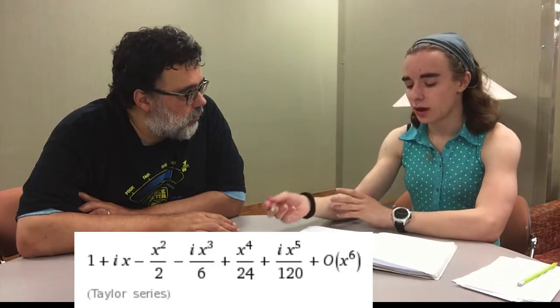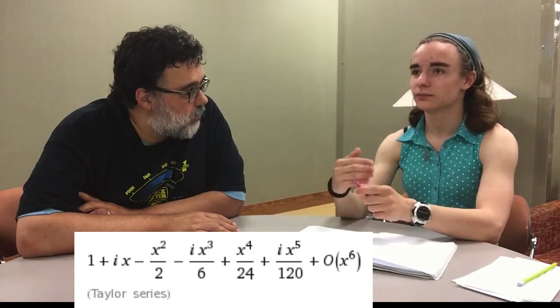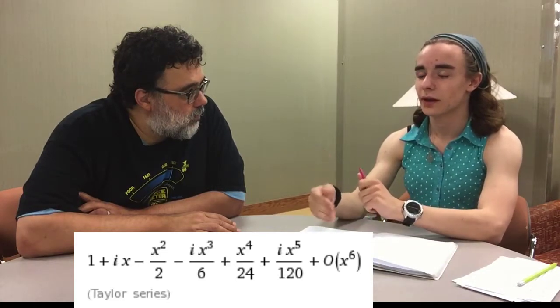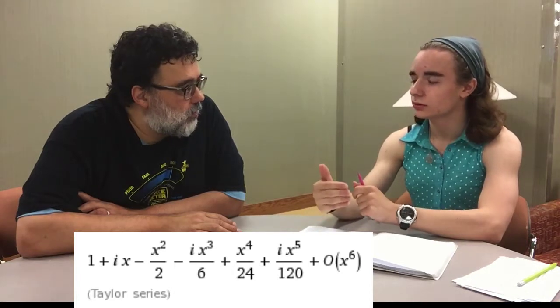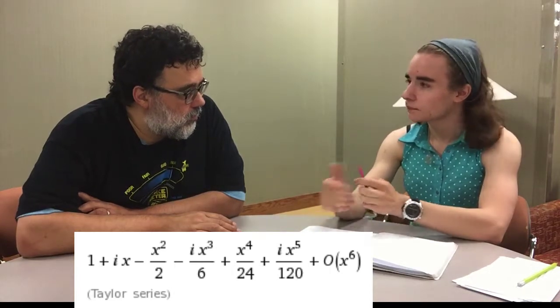I'm imagining like a car engine or something where there's just this weird break because you've got a positive real, and then a positive imaginary, and then a negative real, and then a negative imaginary, and then a positive real and a positive imaginary, and on and on. So it takes into account both parts of that.